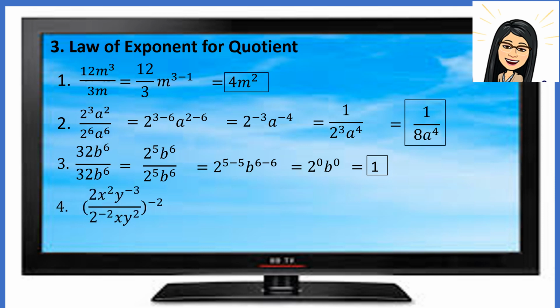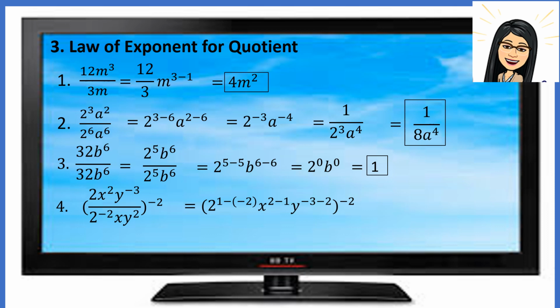Now let us simplify the quantity of 2x squared y raised to negative 3 divided by 2 raised to negative 2 x y squared, and raised to negative 2. Simplifying what is inside the parentheses, we will get 2 raised to 1 minus negative 2. So that is now 2 raised to 1 plus 2 or 2 cubed.